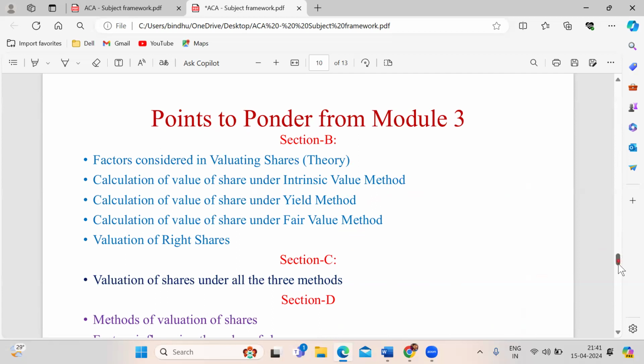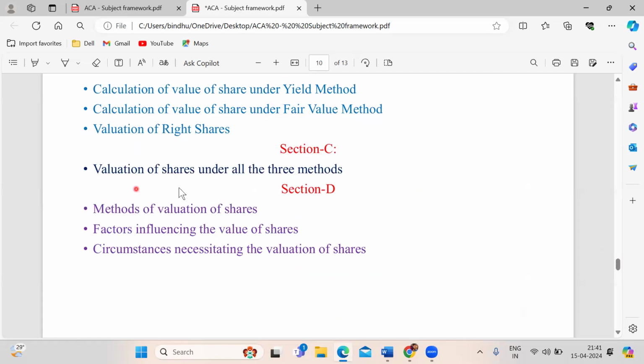Then we have the next one, Section C, valuation of shares under all 3 methods: intrinsic, yield and fair value method. There you have to calculate all 3 methods. If you have learned the 3 methods individually, it will become much easier for you. And in Section D, methods of valuation of shares, factors influencing the value of shares, circumstances necessitating the valuation of shares.